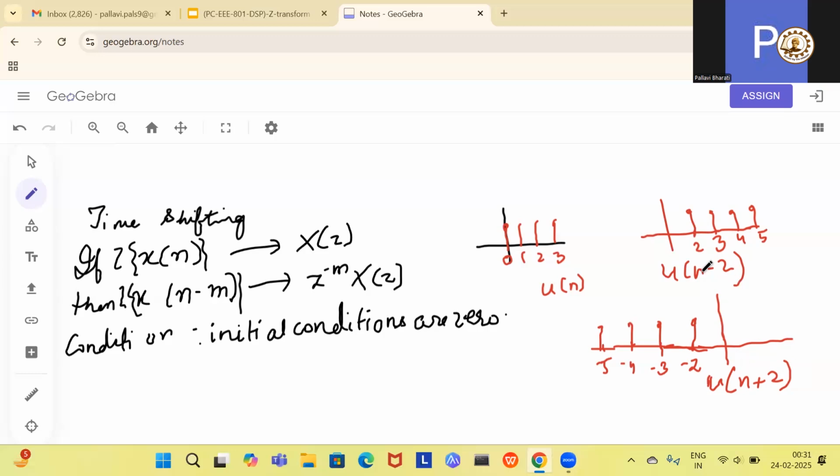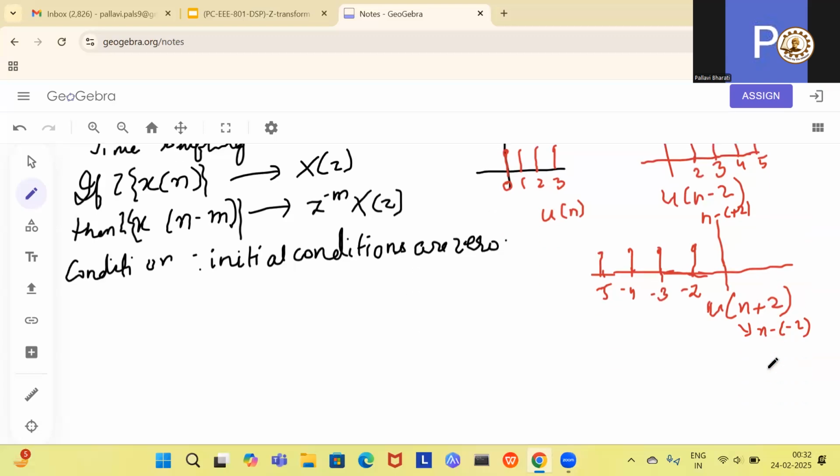You can take this one as n plus of minus 2, and this one as n minus of minus 2. So basically, there has to be a minus over here, whether it is shifting right or left. And after that, the actual shift, it is plus. So minus into plus is becoming minus here. And here minus into minus is getting plus. So these things are just to remember.